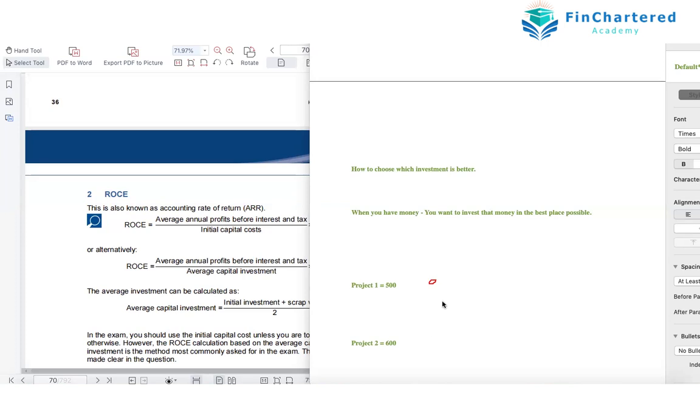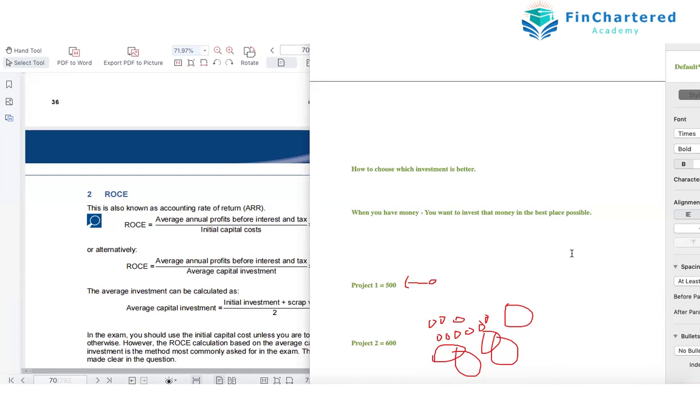Project 2, Anjana, you invested these many coins. All big coins you are investing. So project 1, you invested one small coin and got 500 rupees. And in project 2, you're putting in too much capital and getting 600 rupees. Now tell me, Anjana, Nitesh, whoever was not there, where will you invest?